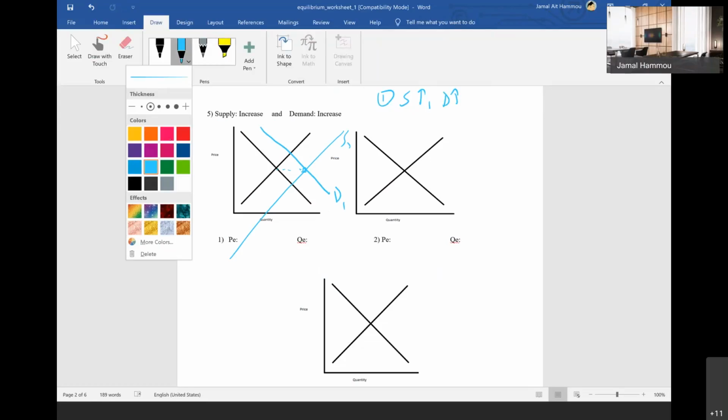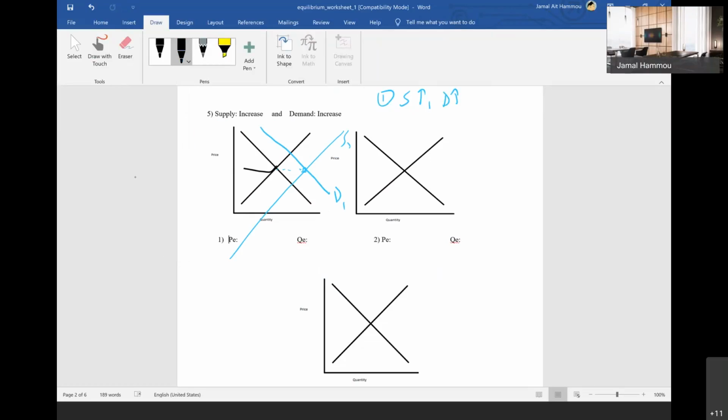This is where I started from, this point here. This is my equilibrium, P0, Q0, point A. Now I end up at a new point, which is B, with an increase of demand and an increase of supply. But the outcome is this. Look at what happened to the price. The price stayed the same, but equilibrium quantity increases.